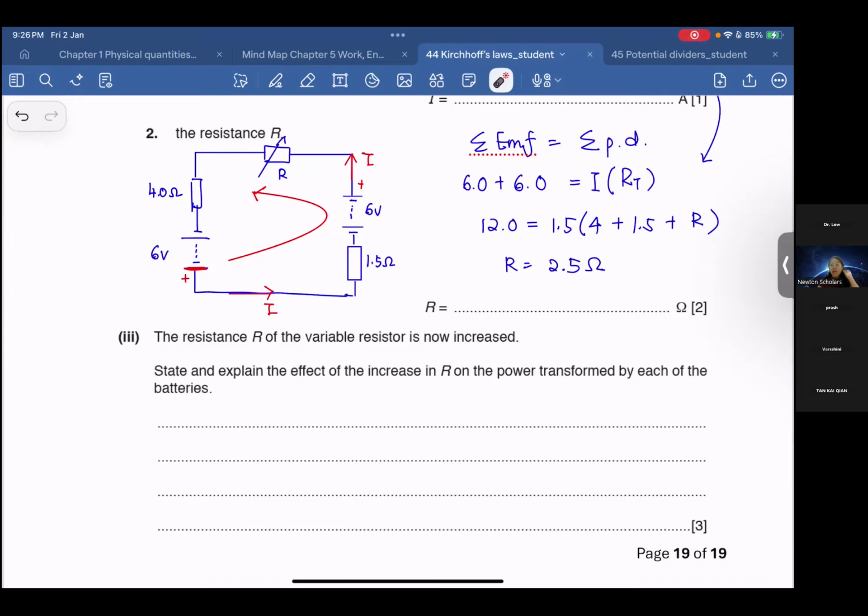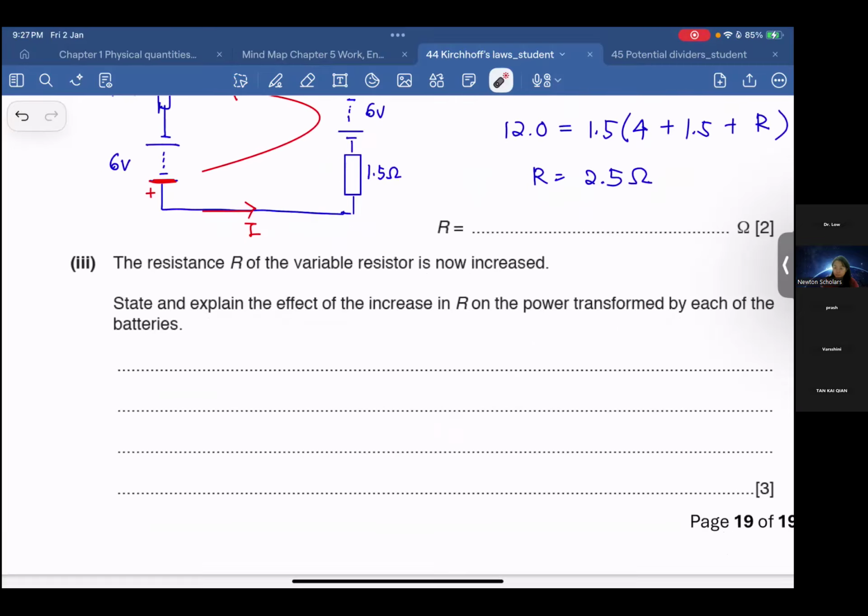Exactly. Perfect answer. So first point, the variable resistor increases, that means your total resistance increases, 1 mark. Current decreases, 1 mark. Then P equals VI, current decreases, power decreases, 3 marks here. Okay, so I write down the answer.